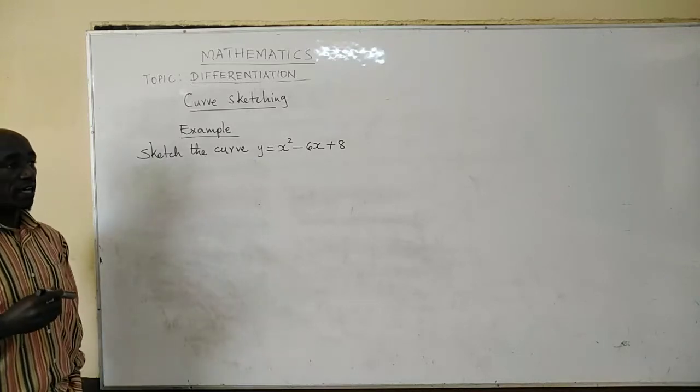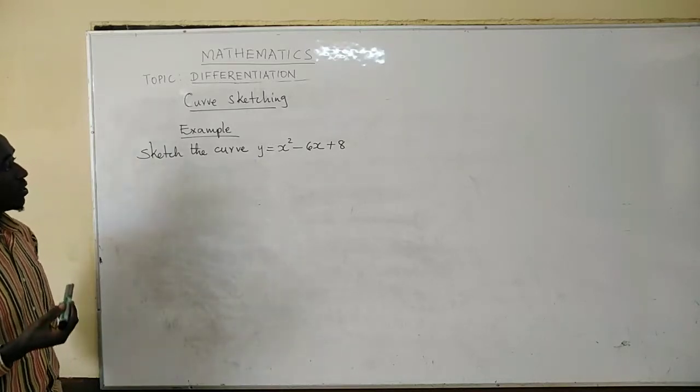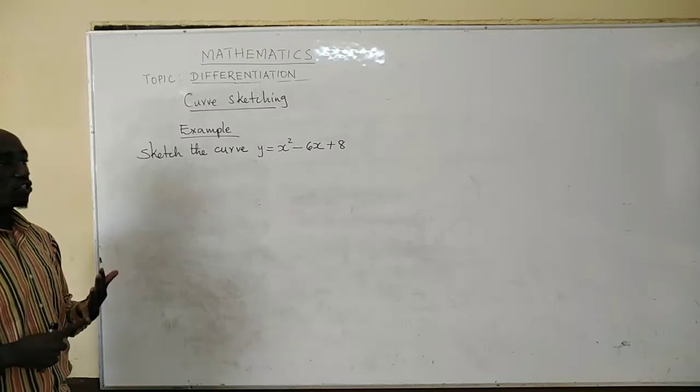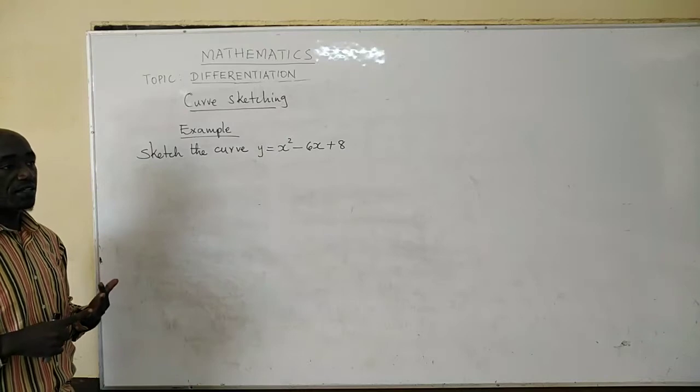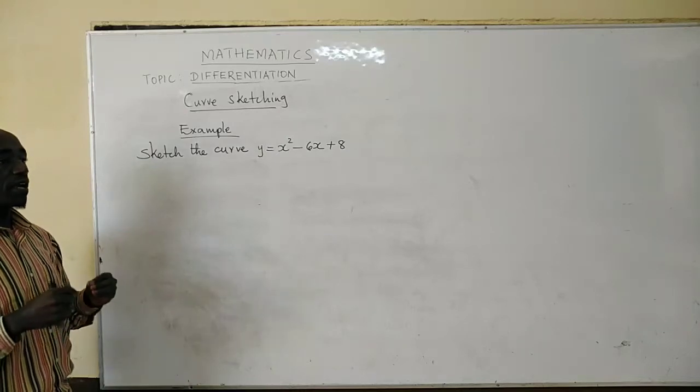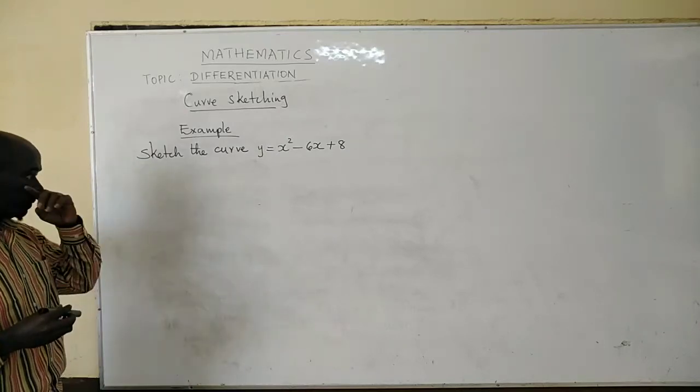So we want to sketch that curve. So like I said, the sketch should at least show where the graph cuts the x-axis, where the graph cuts the y-axis, and also any stationary point.